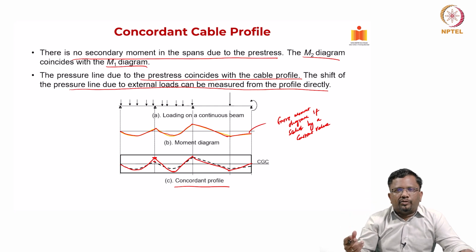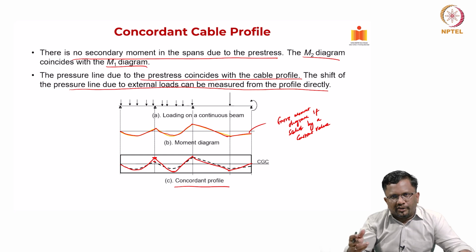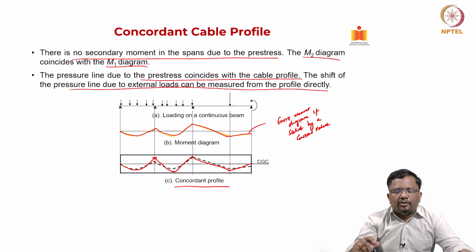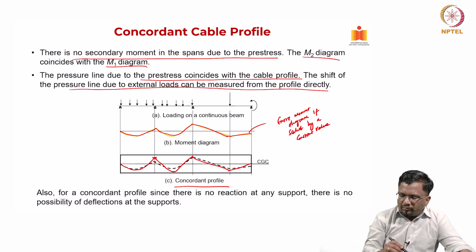So, in that process, you will end up putting in more pre-stress, which is not otherwise required. So, there is no need for design engineers to choose a concordant cable profile. It is a theoretical concept just to understand that it helps in getting away with the secondary moments, which is not really required in my point of view.